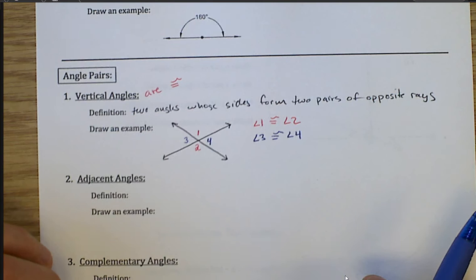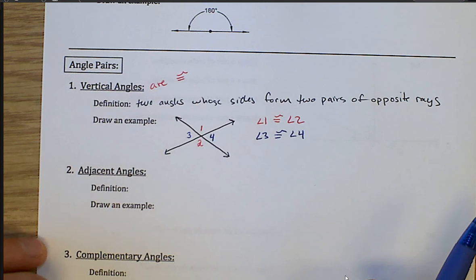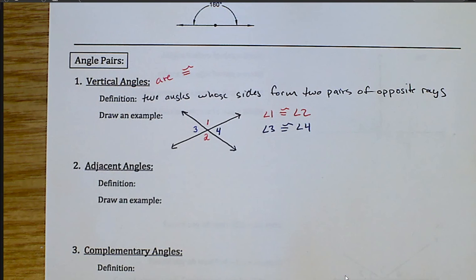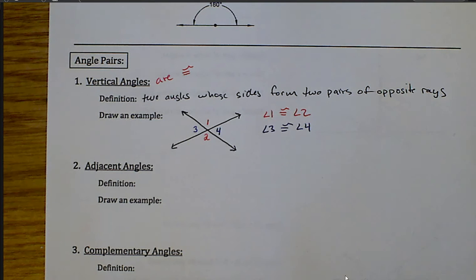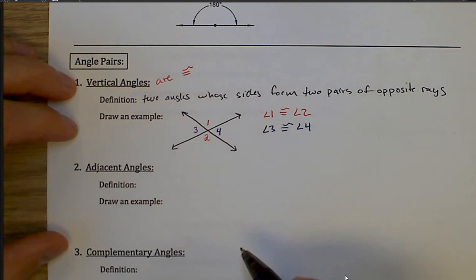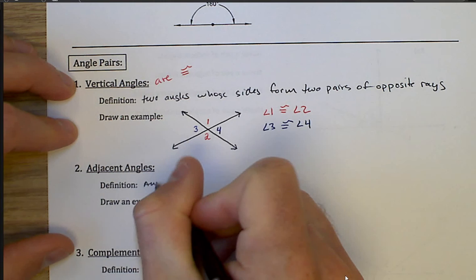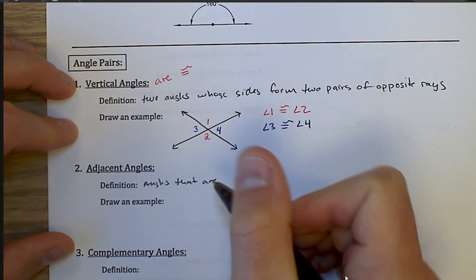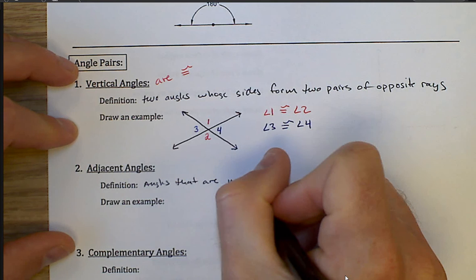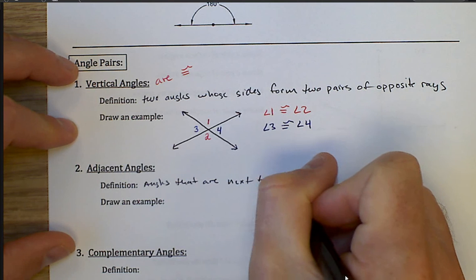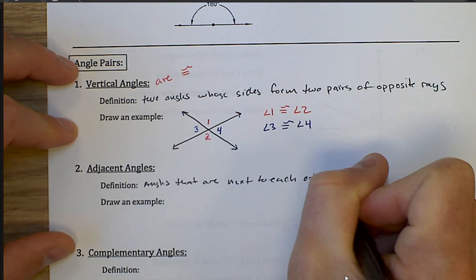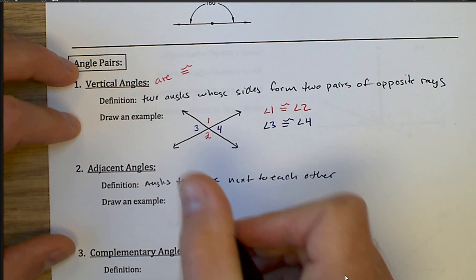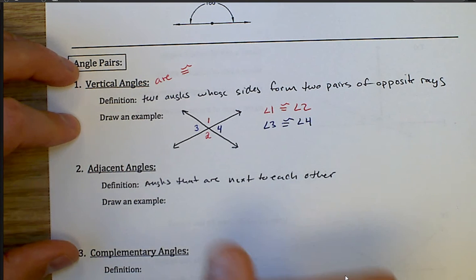The next definition is adjacent angles, and basically adjacent angles just means angles that are kind of next to each other. All right? There's a big definition for this, but I'm just going to put angles that are next to each other. Now, I know it's not a real great math definition, but let me draw a couple examples of adjacent angles for you.